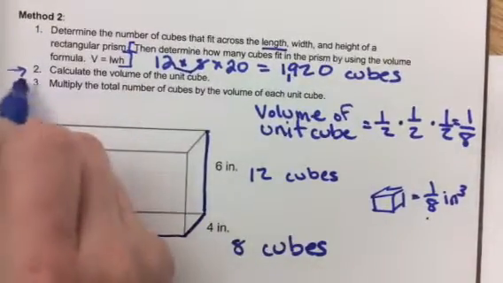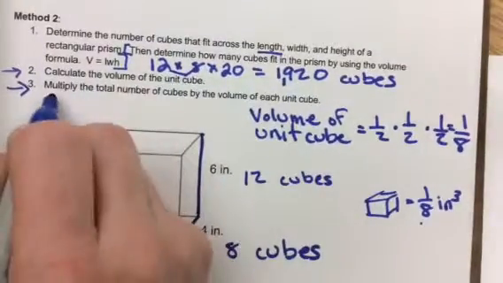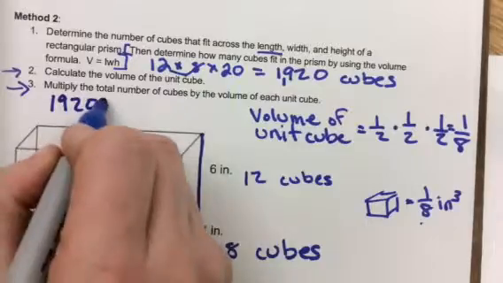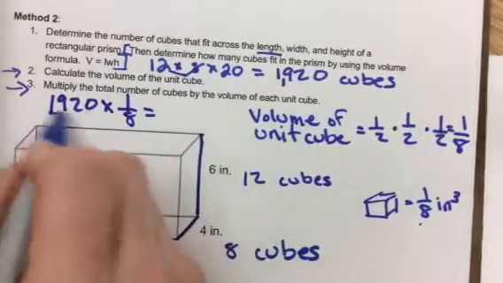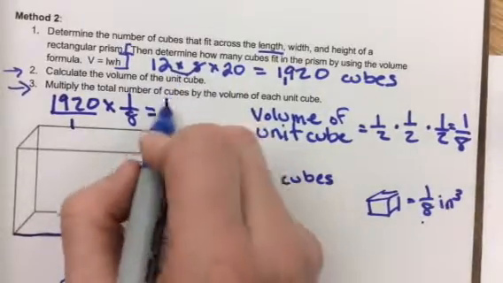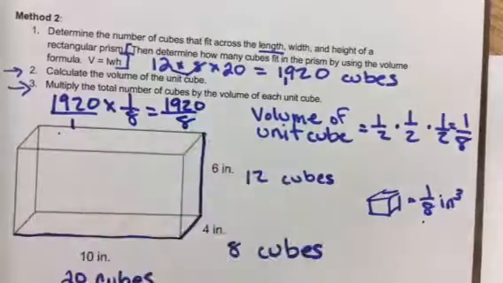Mathematically, you can then multiply the total number of cubes, which is 1,920, by 1/8. That over 1. So essentially, we're going to do 1,920 over 1 times 1 over 8.